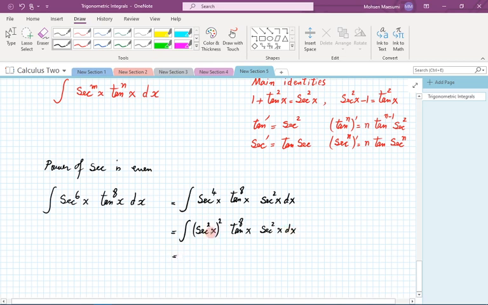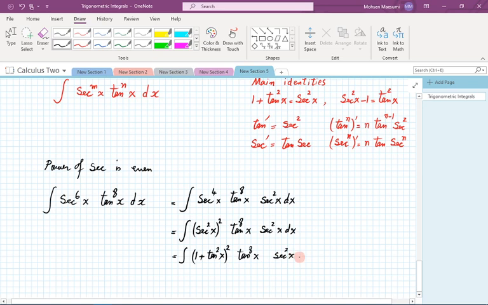Well, secant squared can be converted to tangent: 1 plus tan squared of x, to whatever power applies, then tan to whatever exponent we have here, and then this is the derivative of tangent.